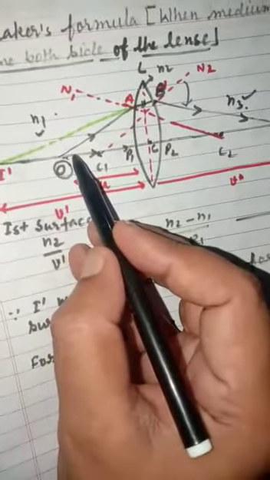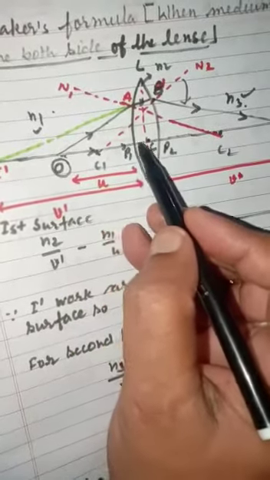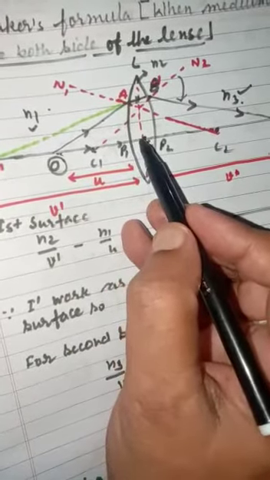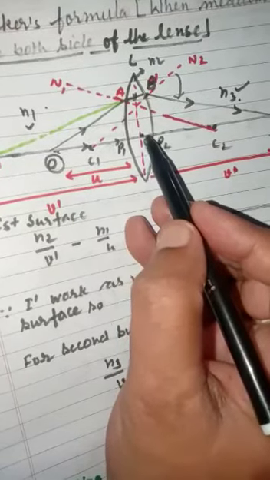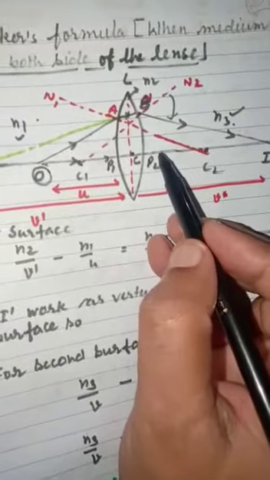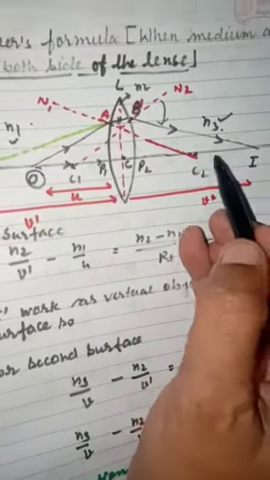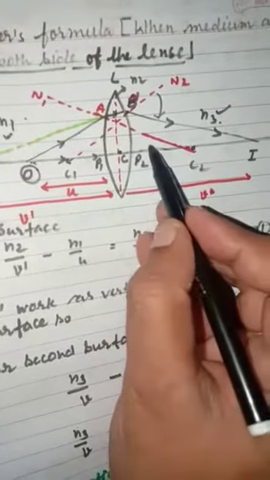Another light ray O dash P travels in a straight way, passing through the optical center and going along CI direction without any deviation.